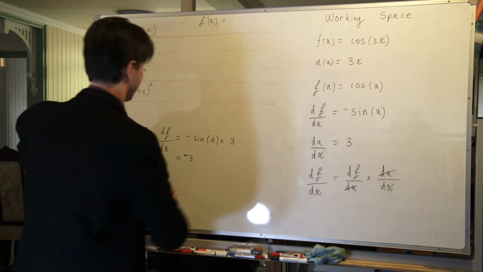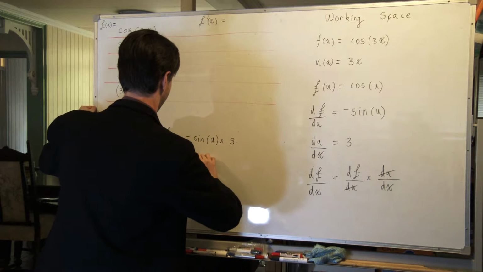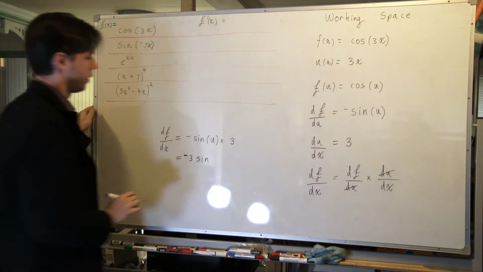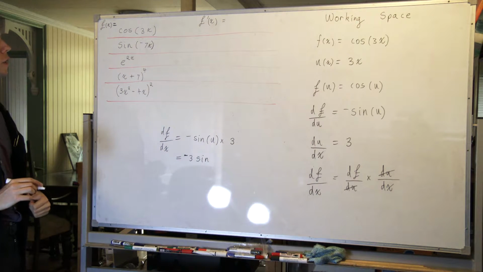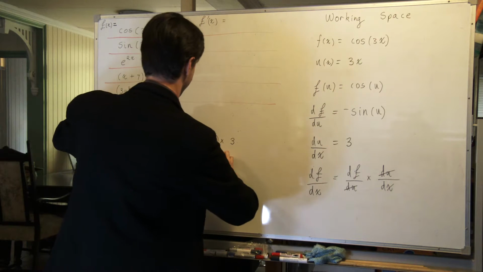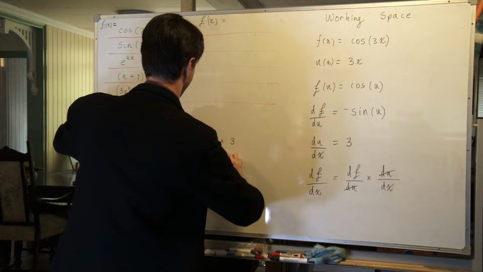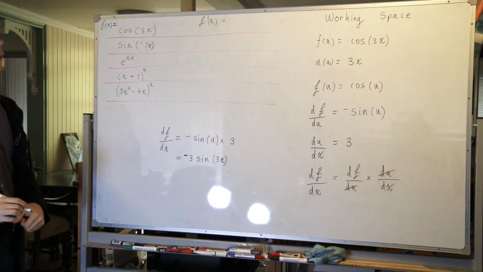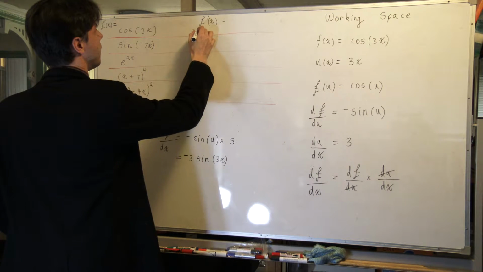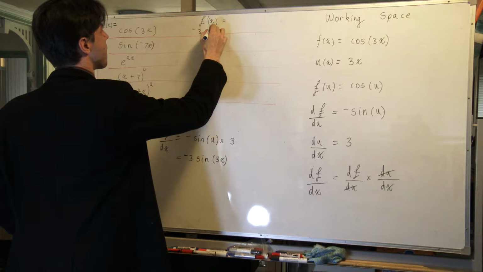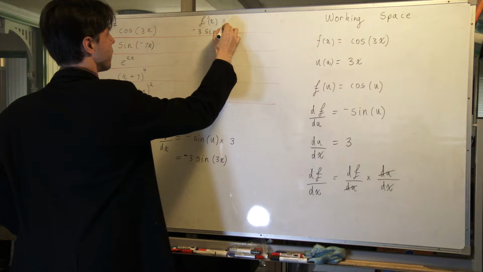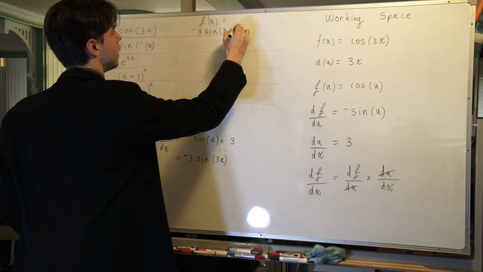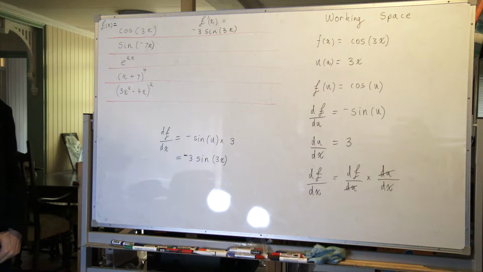So this is negative 3 sine of u, but u is 3x. And there we have it. So we can write our answer there. And we're done.